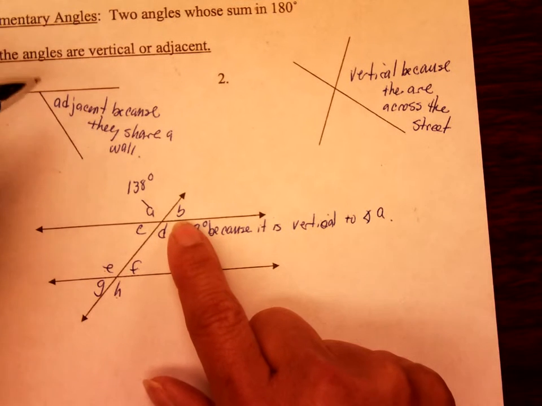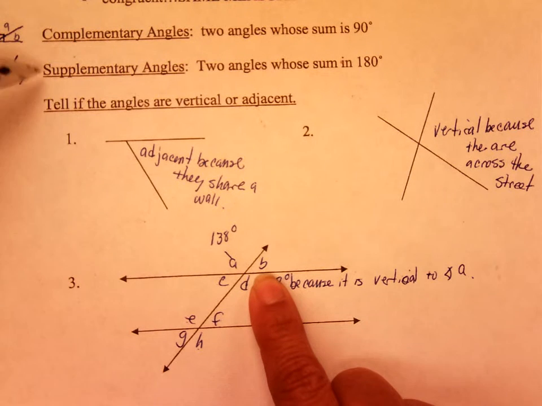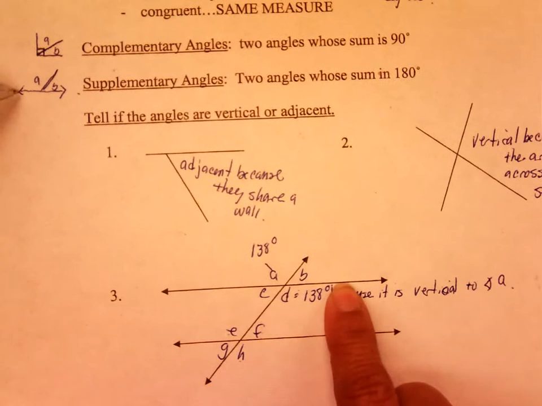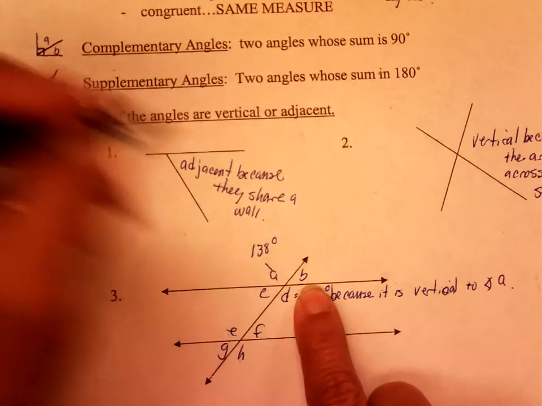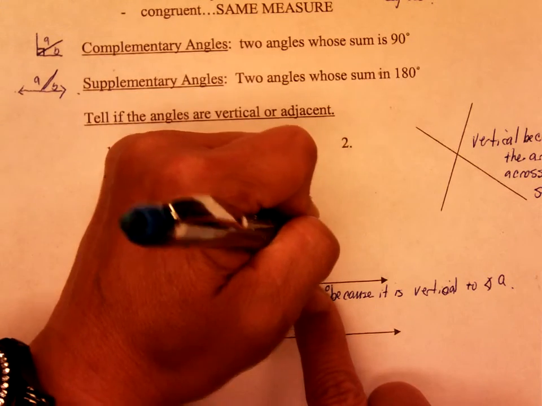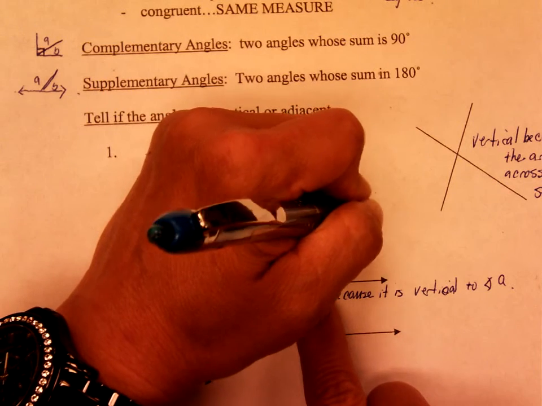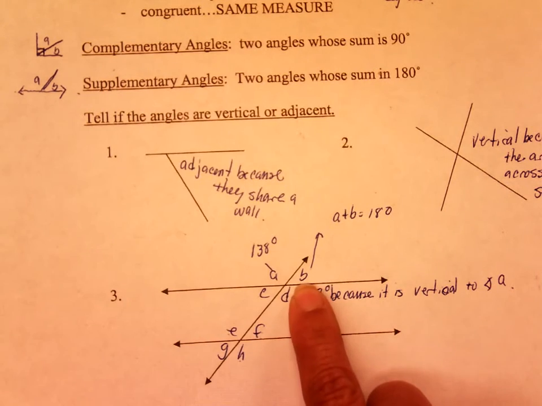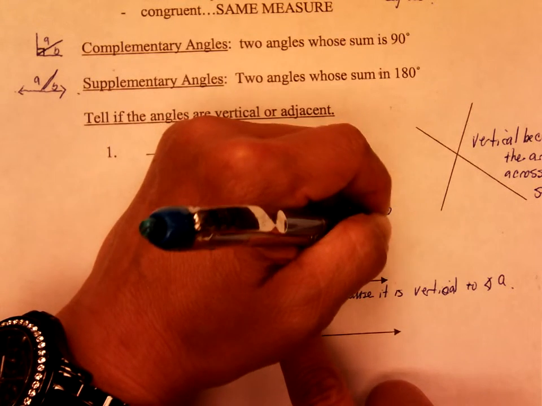Now you can find what angle B is, because if you look at your definition, supplementary angles are two angles whose sum is 180 degrees. It looks like your supplementary angles are A and B. So here, to find your supplementary angle, you have to do algebra. A plus B is equal to 180 degrees. Replace A with 138, plus B is equal to 180.